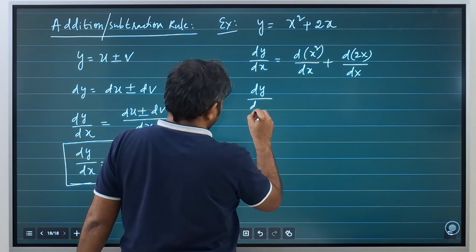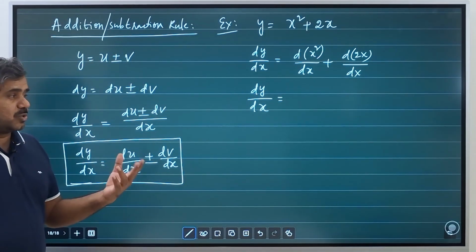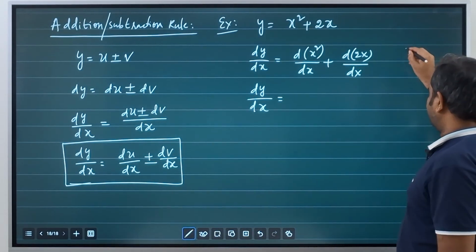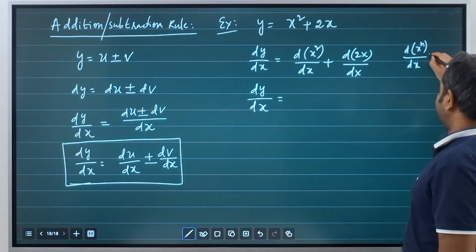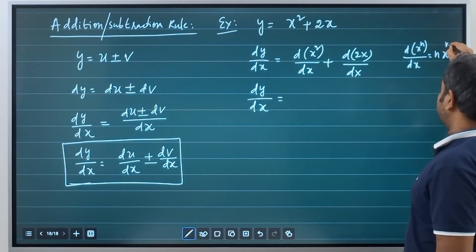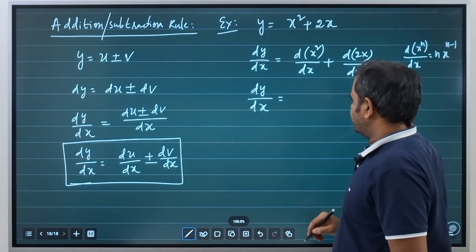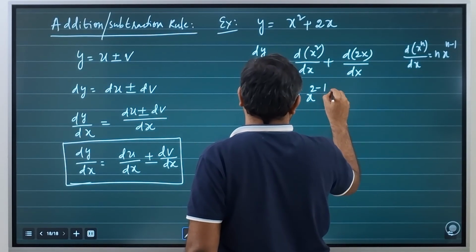So dy by dx is equal to d by dx of x square. You know, the x to the power of n formula we derived in the class: d by dx of x power n is equal to n into x power n minus 1. So this is equal to 2 into x to the power of 2 minus 1.